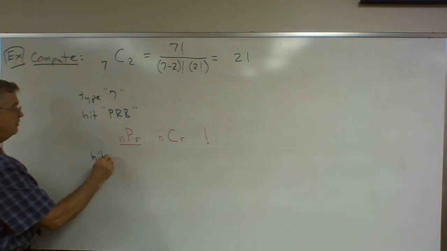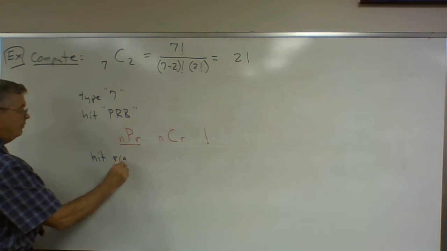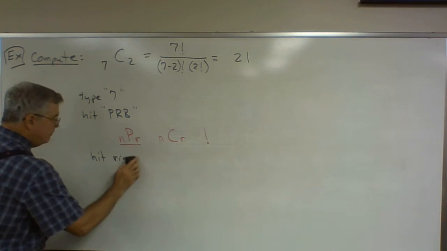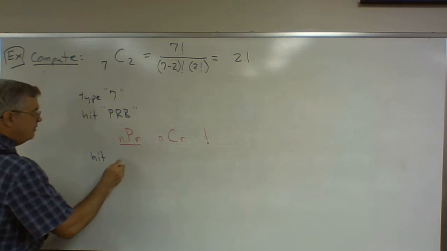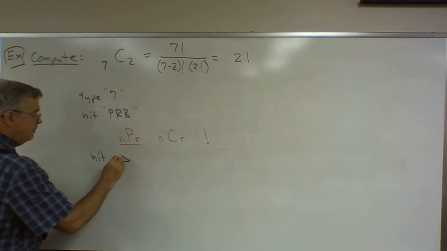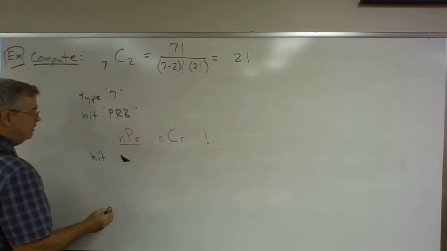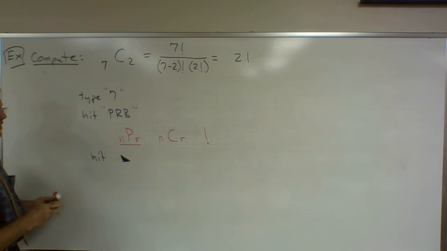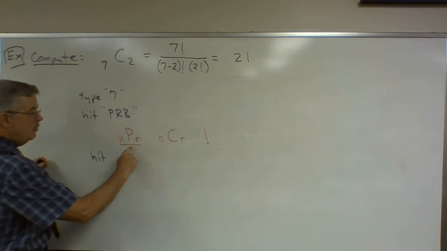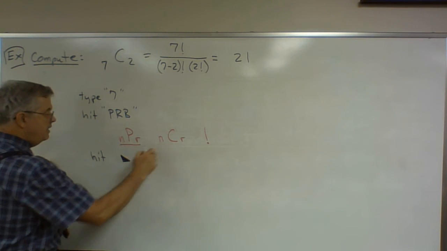So what we do is we hit the right arrow button on our calculator. And what that will do, it will move the underline from here to here.